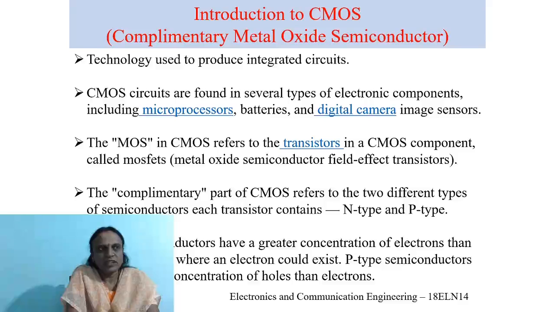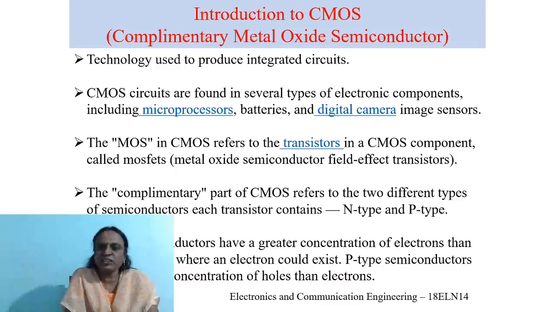Now, the MOSFET is the metal oxide semiconductor field effect transistor. The metal part of the name is a bit misleading, as a modern MOSFET often uses polysilicon instead of aluminium as a conductivity material.